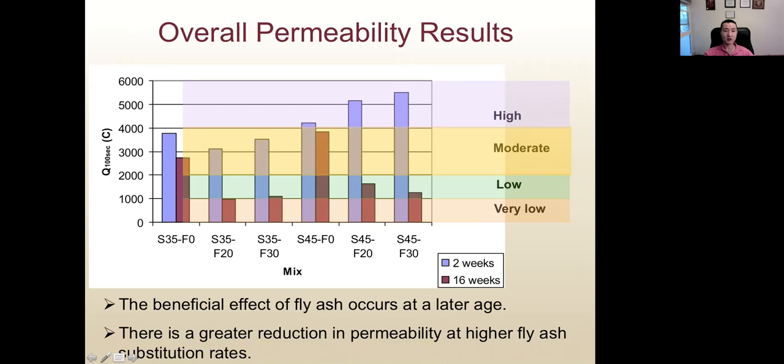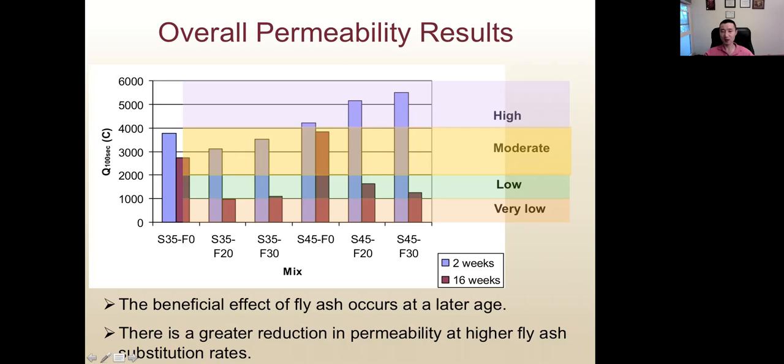And here shows the same 6 mixes, but the permeability results. The blue is permeability at 2 weeks. The red is 16 weeks, almost 4 months. And we can see the effect of fly ash: a great reduction in permeability at 16 weeks, not so much at 2 weeks.